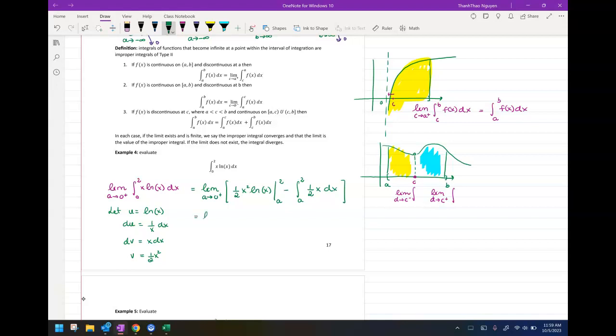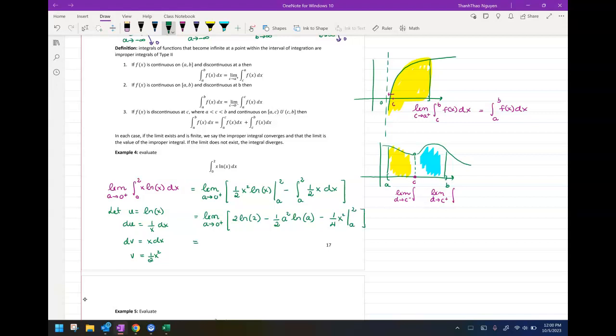So this is equal to the limit as a approaches 0 from the right side of 2 ln of 2 minus 1/2 a squared ln of a, minus 1/4 x squared evaluated from a to 2.